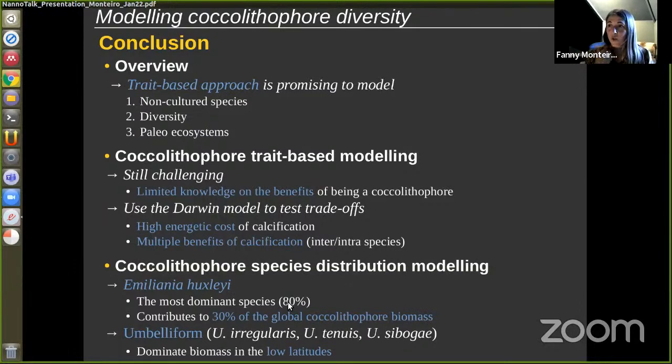But when you convert that into biomass, Emiliania huxleyi is still important, but it's not the dominant species anymore. It accounts for 30% of the global coccolithophore biomass. And the other really important player is the umbelliform, which dominates in the low latitudes. So those groups are really important to study as well for the modern ocean.